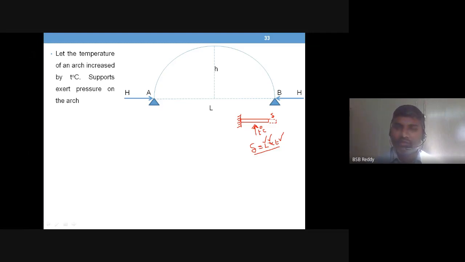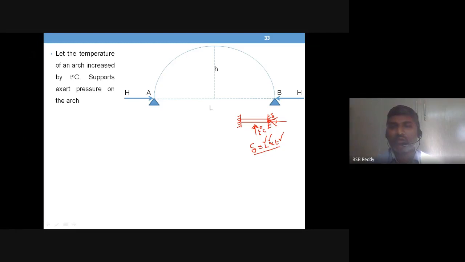Okay, right. So what happens when this end of the member is also fixed? Now you are increasing the temperature and there is no provision for the member to change its dimension. You are stopping the elongation of the bar, because I am talking about temperature increase here.